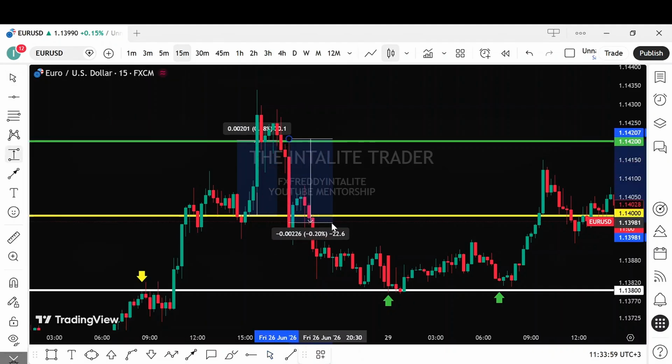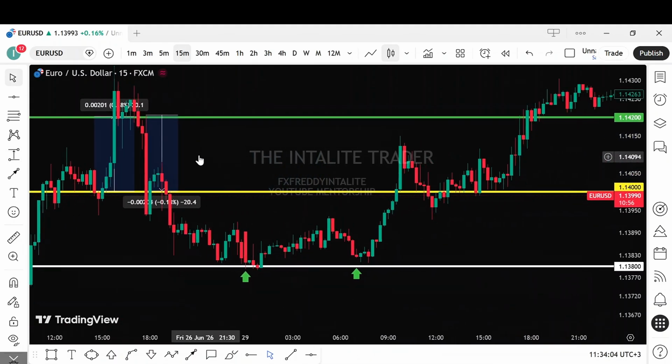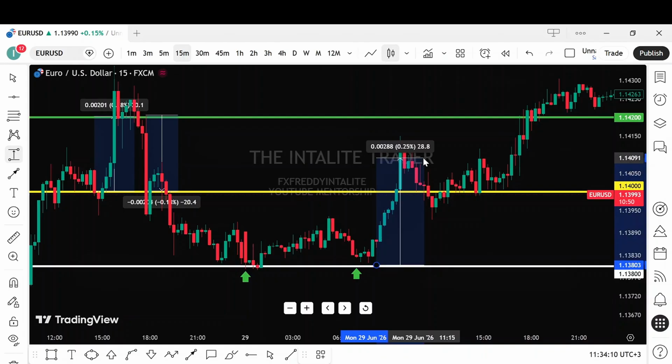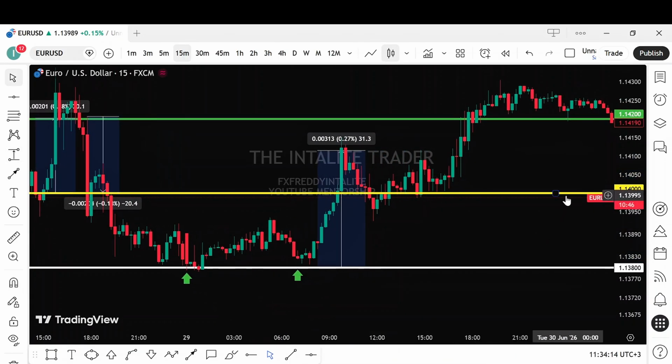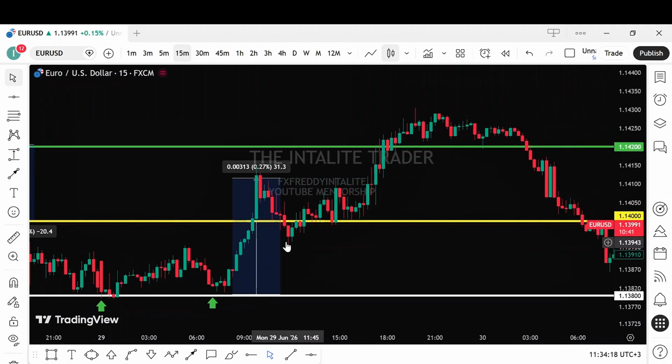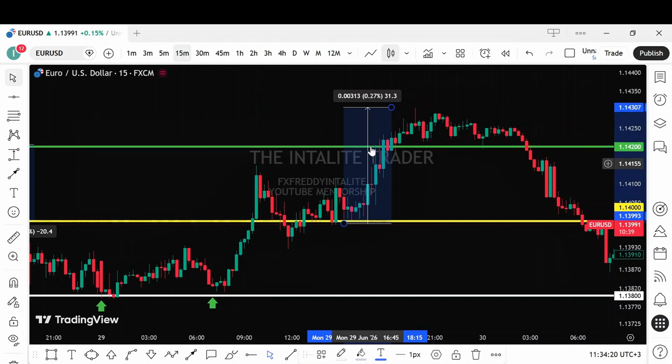Here it rests. How many pips? 20 pips. We then have price trade from here to here. 30 pips. It rests. Which level is this? 8 level to 00 level. It rests. Intraday trading levels.